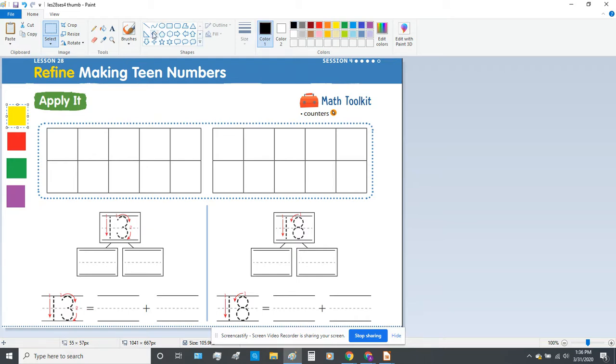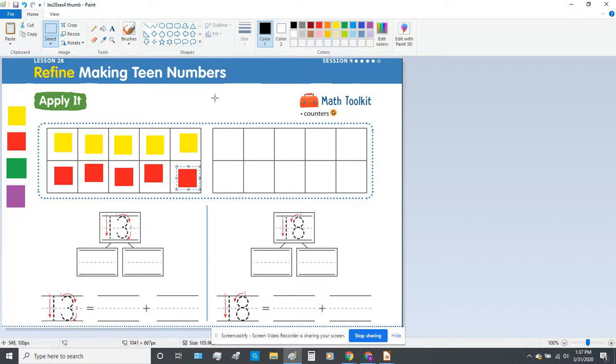So let's go ahead and make our tens frame filled with yellow at the top. And then the next 5, you're going to use your red cubes and fill the bottom of the tens frame.